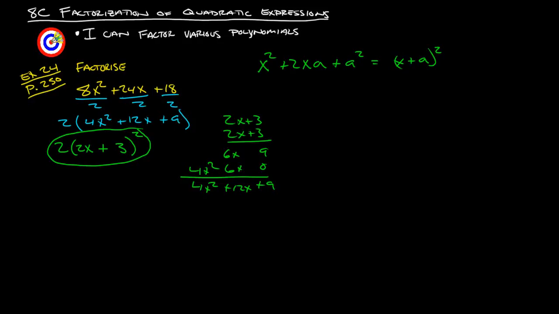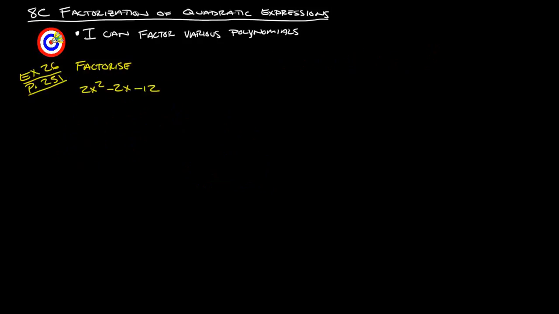Okay? All right, one last set of examples to go over, and that's to factorize 2x squared minus 2x minus 12. Okay, and this is from page 251. All right, so if you look here, this is kind of nice because all three of these are divisible by 2. So you can factor 2 out, and when we simplify that, we have just x squared minus x minus 6.